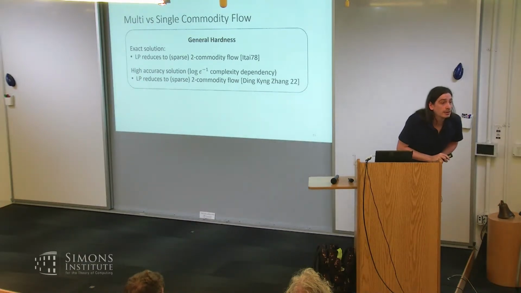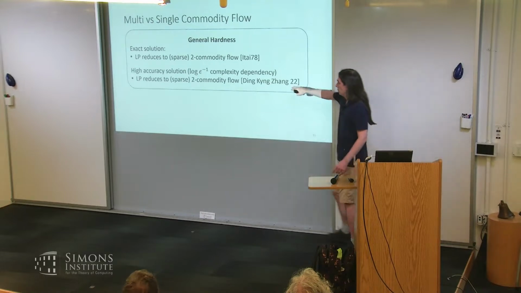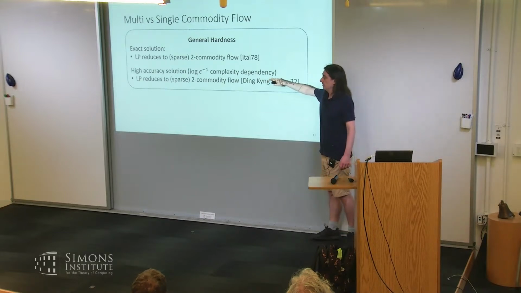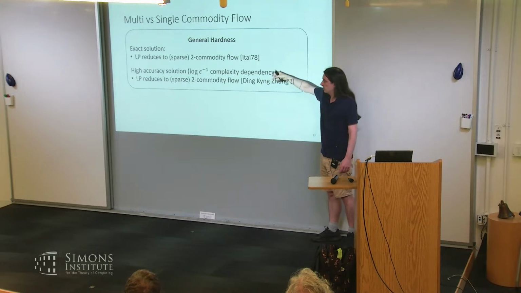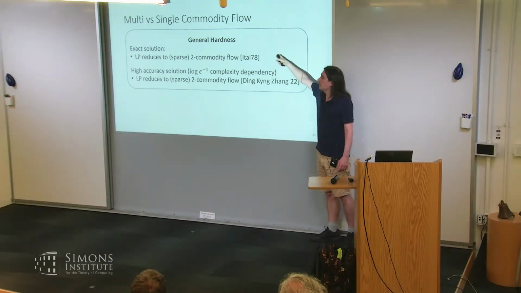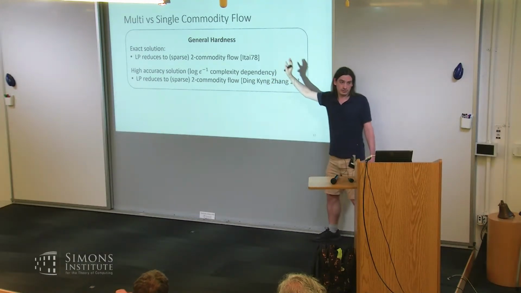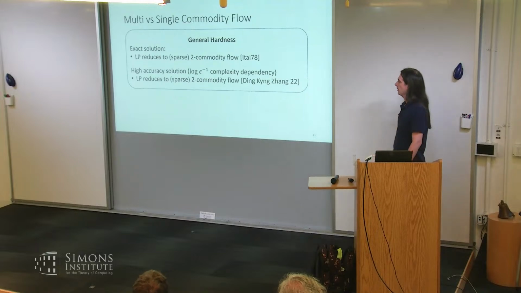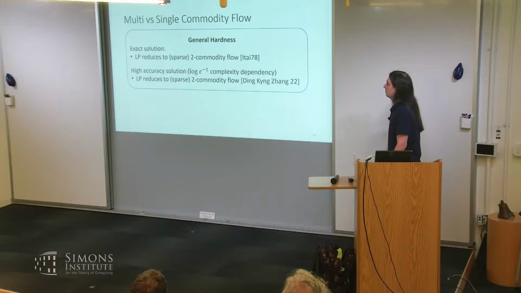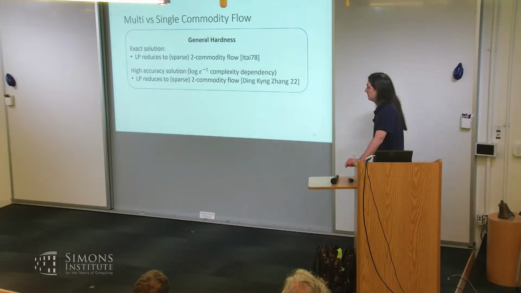And does this then give exact solutions? This one down here does not give exact solutions, because it is just for this high accuracy regime. The upper one does give exact solutions. Does the approximation translate? Yes, it does translate. There are two approximations here.